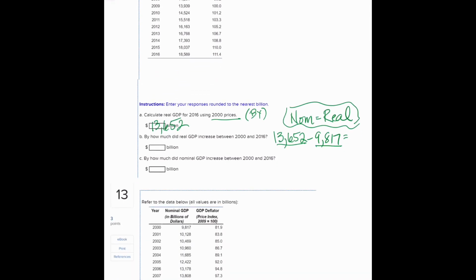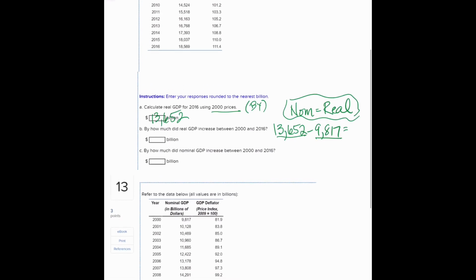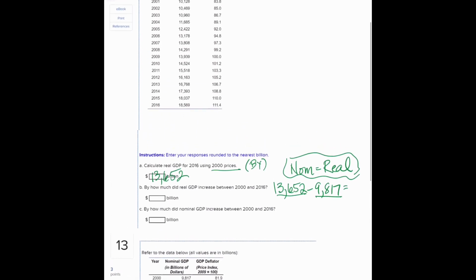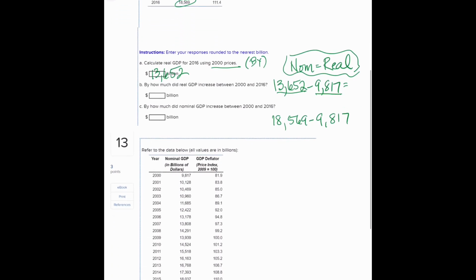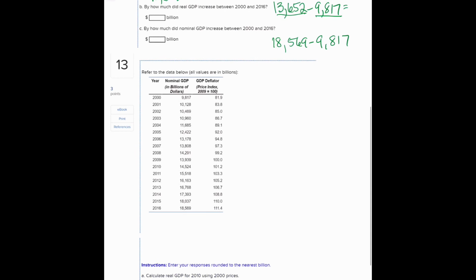And the difference there is our increase. And then it says, how much did nominal GDP increase between 2000 and 2016? That's going to be a really straightforward calculation here. We can just take the two values that are given to us and subtract. So here we can do 18,569 minus 9,817.